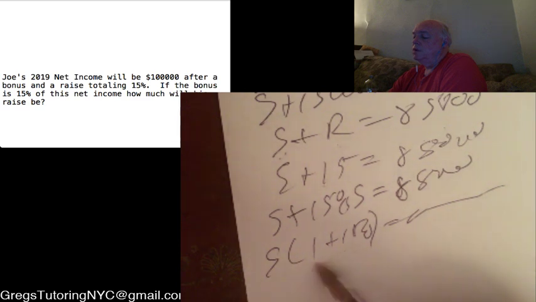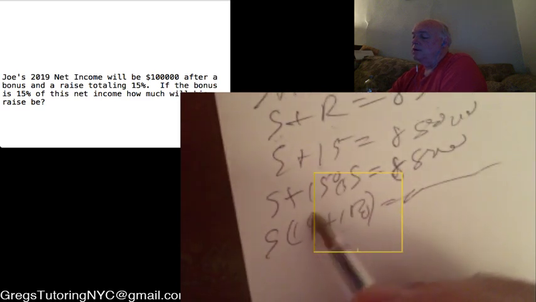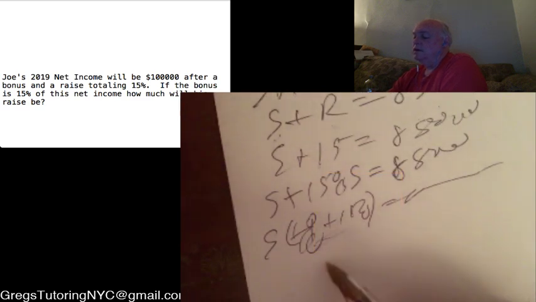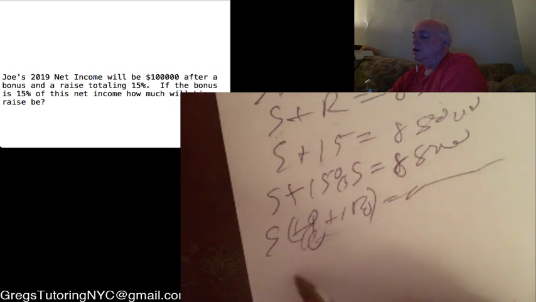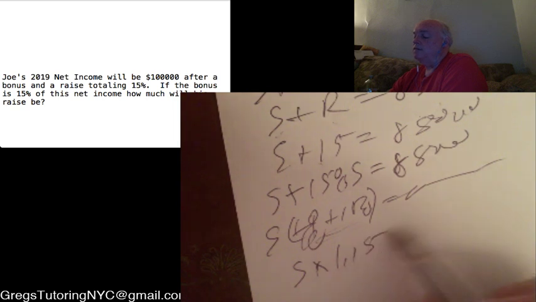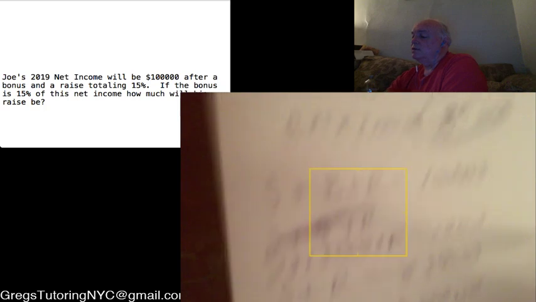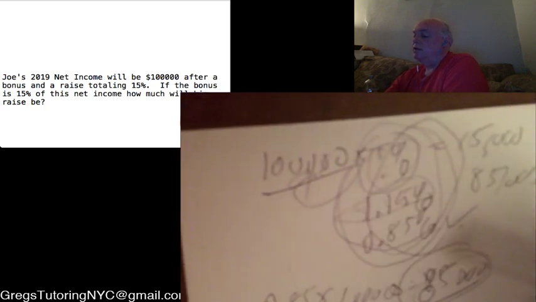Right? So 1 plus 15, this is 100 over 100, and this is 15 over 100. So we get 115 over 100, or S times 1.15 equals 85,000. And this is similar to the discussion we had up here about doing things with percentages.